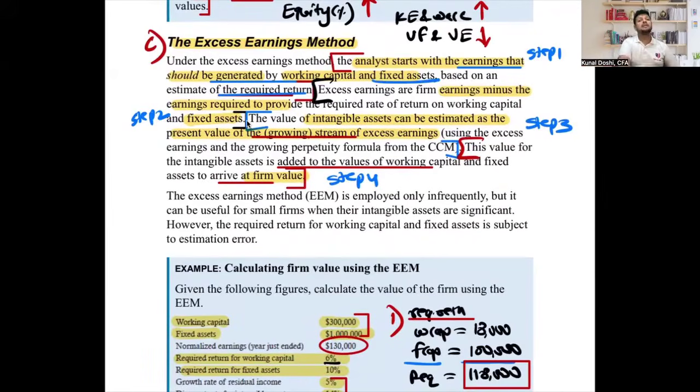So what is the minimum return required on the working and fixed capital? Our step number one is to find the required return, correct? Based on that, what is the minimum return that I need on working capital and fixed capital? That we need to adjust from the normalized earnings. That's how we get the excess earnings, similar to residual income.